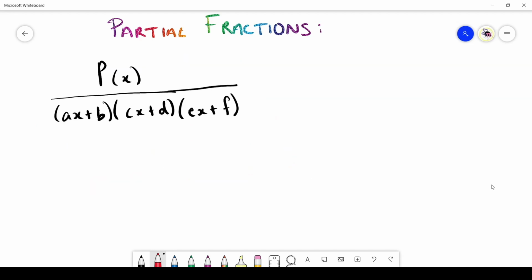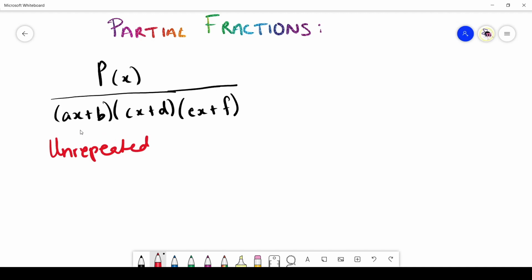Okay, so on screen, we have what I would like to call an unrepeated linear set of factors present in this fraction on the denominator. Now, exactly what do I mean by unrepeated? All right, so unrepeated means that you're not going to see the exact same factor.